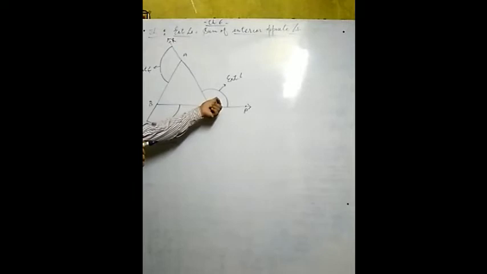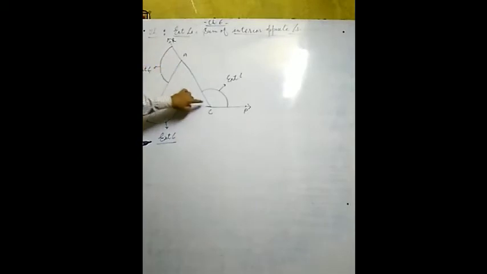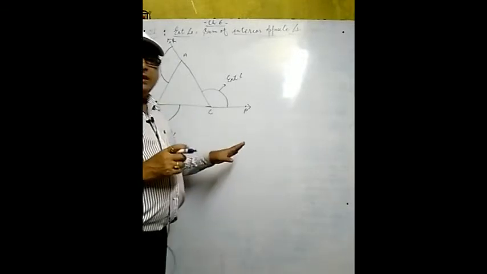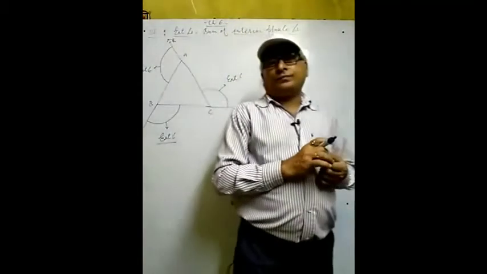This exterior angle is obtained by extending side BC. This exterior angle is obtained by extending CA to R, and this exterior angle is obtained by extending AB up to Q. In this way, we have constructed three exterior angles.